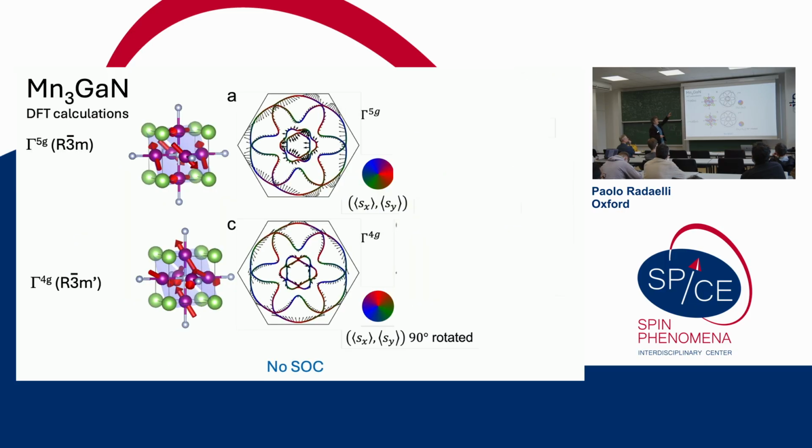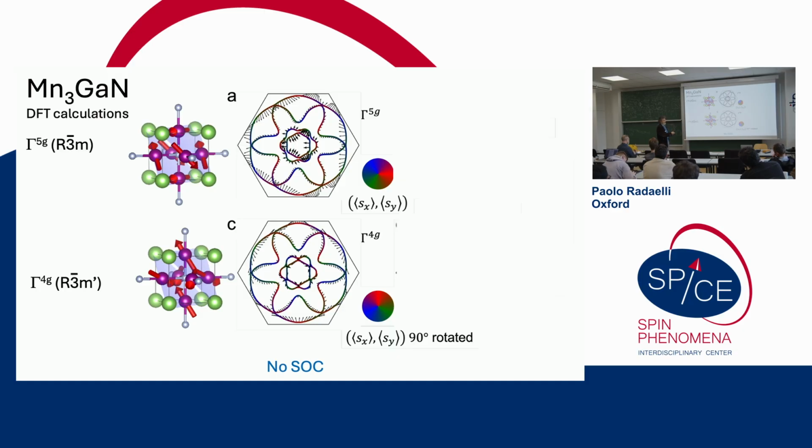I'm going to show, first of all, the DFT calculations done by my colleagues for the two phases, without spin-orbit coupling and with spin-orbit coupling. Okay, so these are the different bands as you cut the Fermi surface perpendicular to the 111 direction. And you could see, of course, that the quantization direction alternates or rotates around the various sheets of the Fermi surface, right?